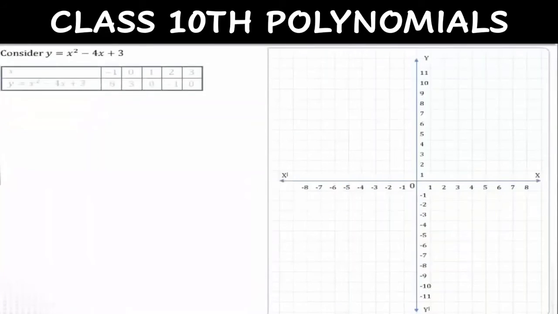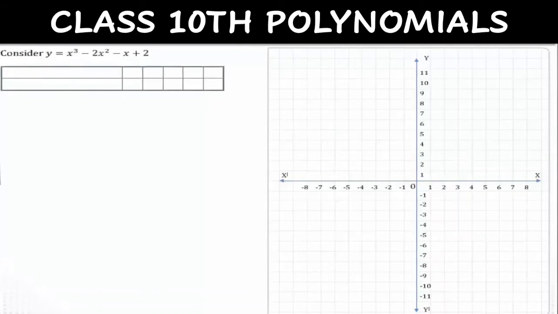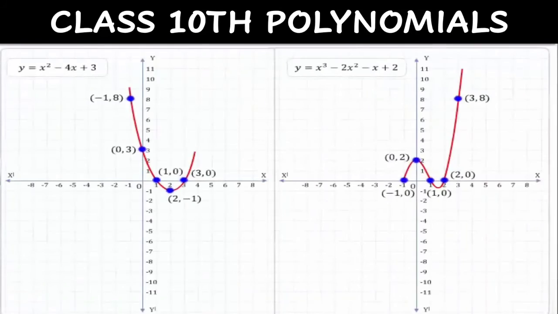Similarly, we can plot the graphs for quadratic and cubic polynomials. We can also find the zeros of these polynomials by identifying the points where the graphs of the polynomials intersect the x-axis.